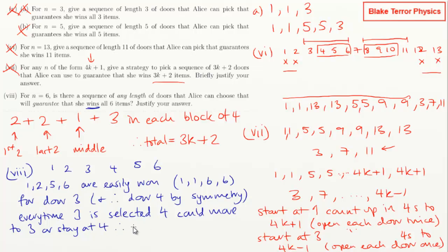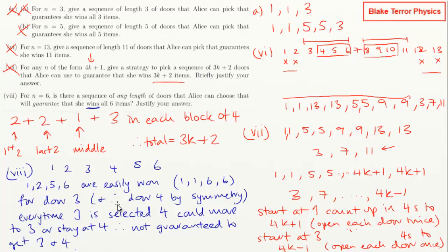Therefore, not guaranteed. Not sure this is enough. Is this enough of an answer to get 3 and 4? Is that convincing enough, or do I need to say a little bit more on this?